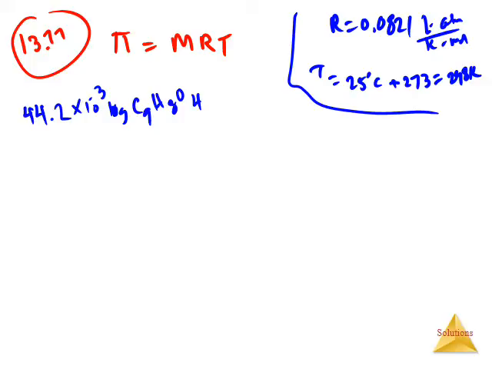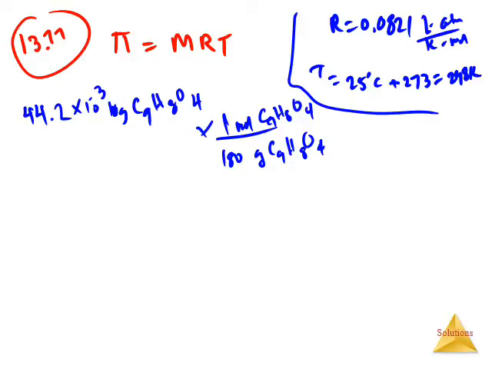I just added all the masses, which should be fairly easy: 180 gram C9H8O4 is 1 mole C9H8O4.